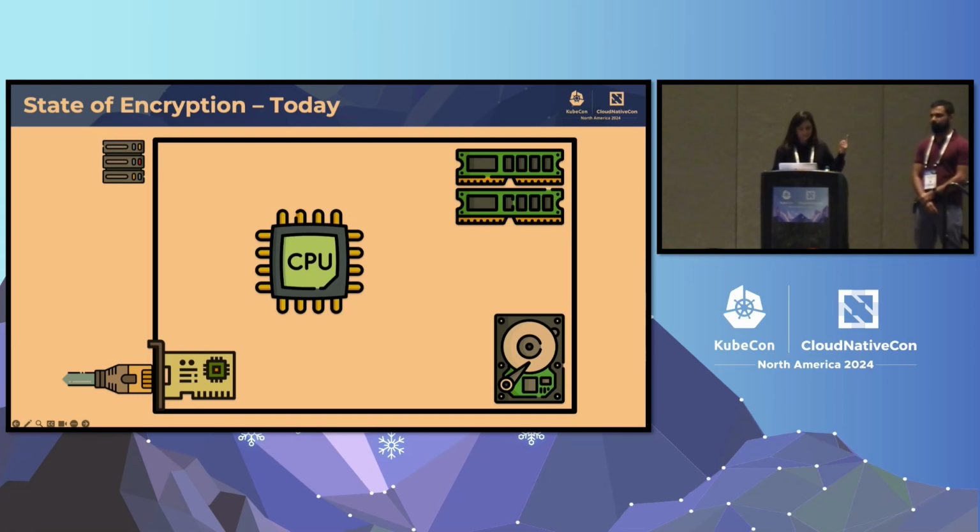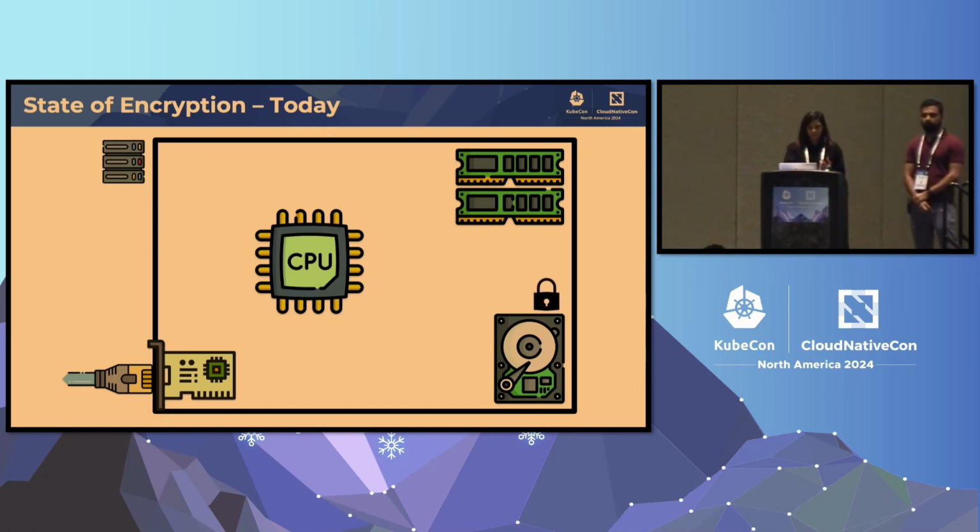You can see that there is a cable coming in, and then there is a disk. There is your RAM and CPU. So what these components essentially represent here are the forms of data. In your disk, you have the data which lies at rest. This could be your application data, the databases.